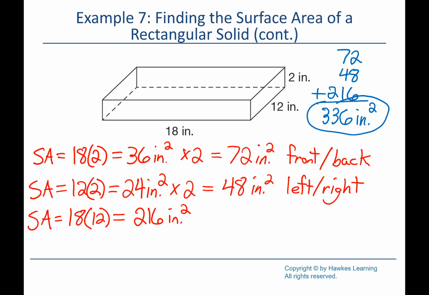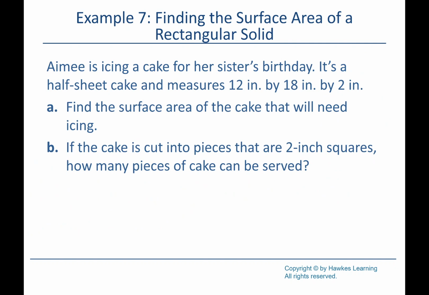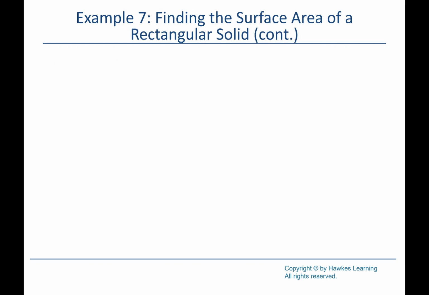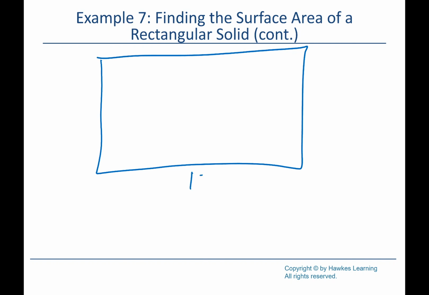And part B has nothing to do with surface area. It says if the cake is cut into pieces that are 2-inch squares, how many pieces of cake can be served? So here we can just think about the top-down view of the cake. So it's 18 by 12, so we just have a rectangle. And it's saying we're going to cut it into 2-inch squares.